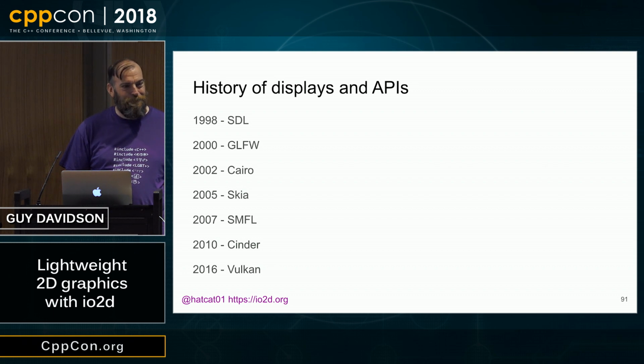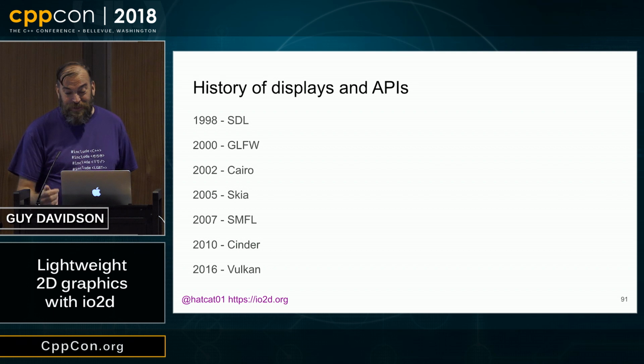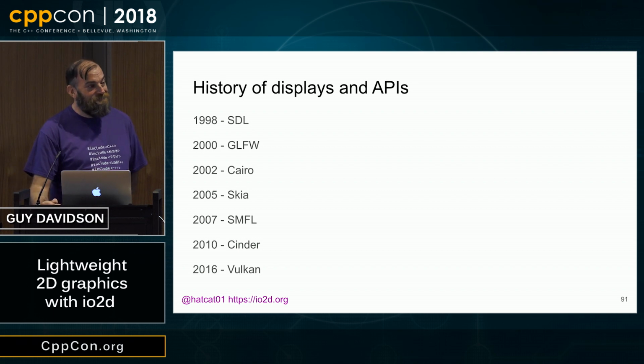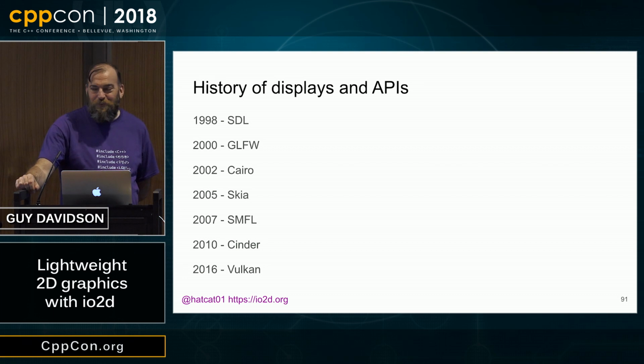That's a very popular beast, which also offered sound and I/O. Cinder, 2010. Basically, not a year goes by without someone saying, I know what we need. We need a better graphics library. Vulkan. Hello, Vulkan.